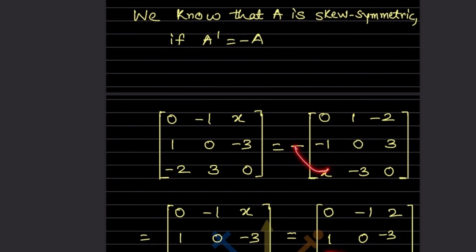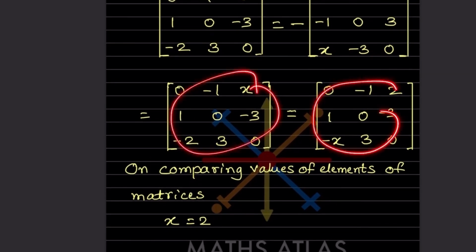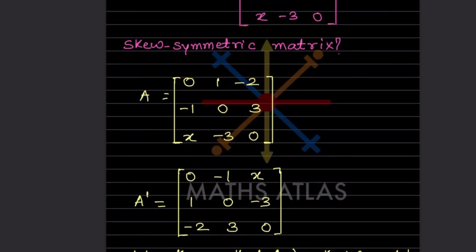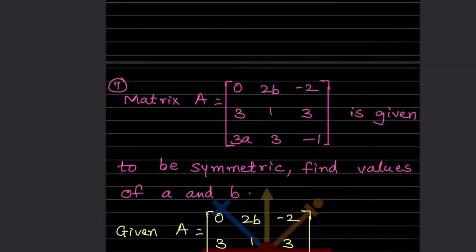Minus x. Minus minus becomes plus. And here 0. So now when we compare this and this, what do we get here? See here, can you see this there? x is true. So what they have asked, what value of x? So we want the value of x.